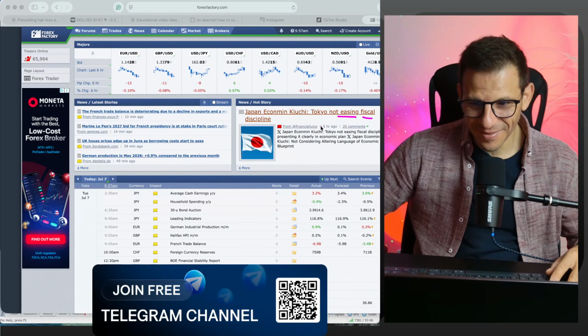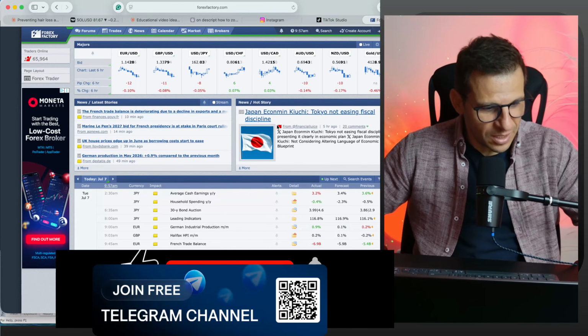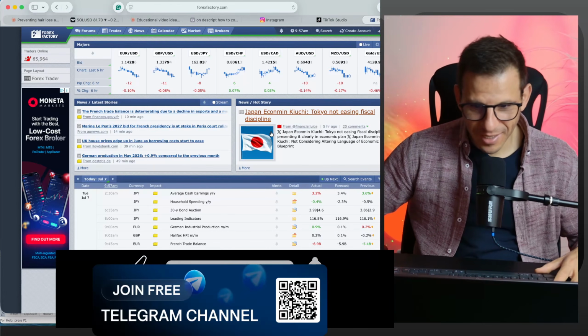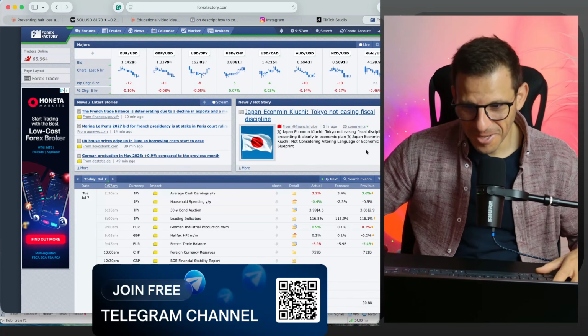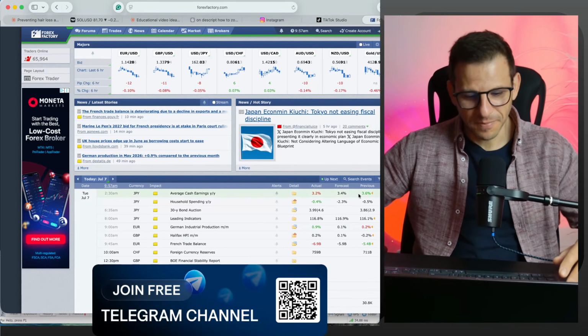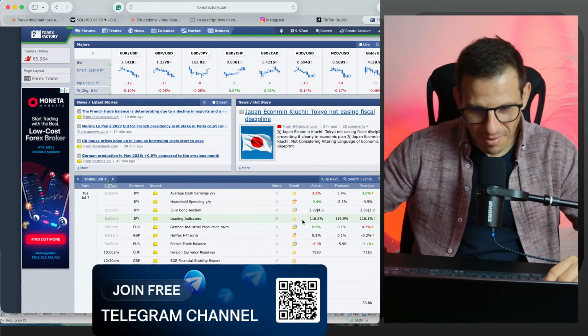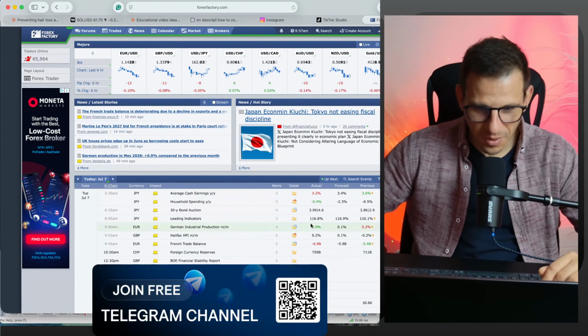For someone new to the financial market, this sounds like a big thing. Anyway, let's not go down there. This is in regards to their interest rates policy.